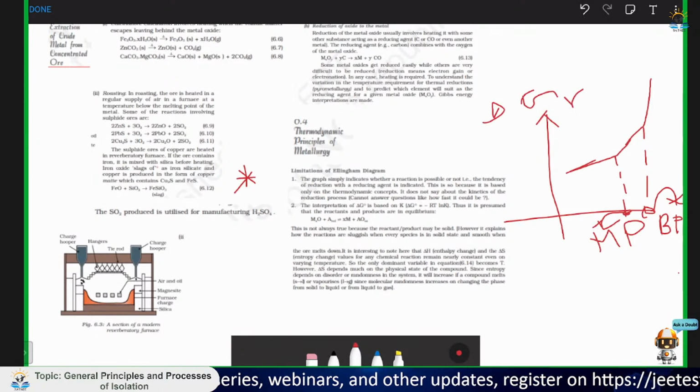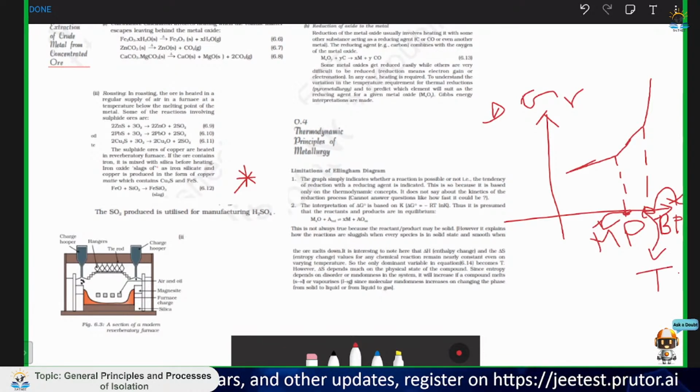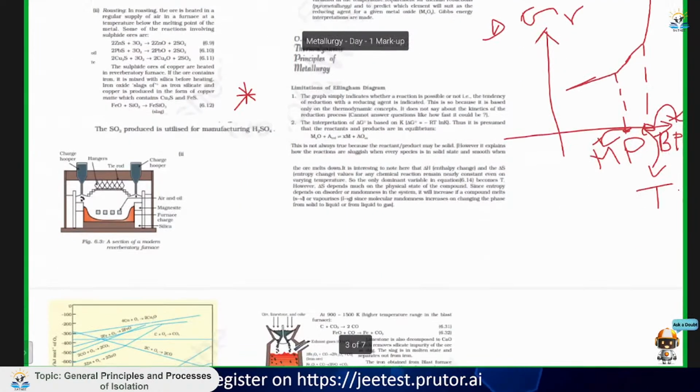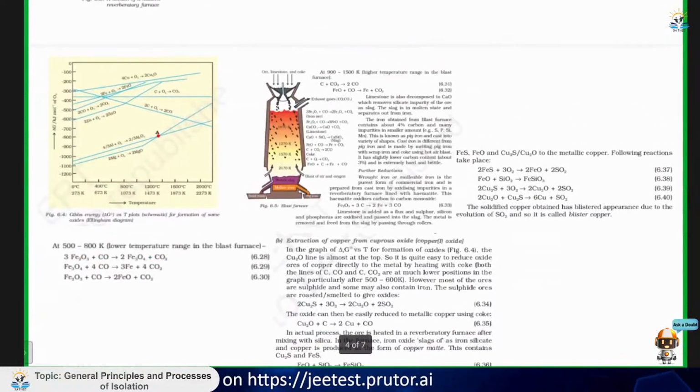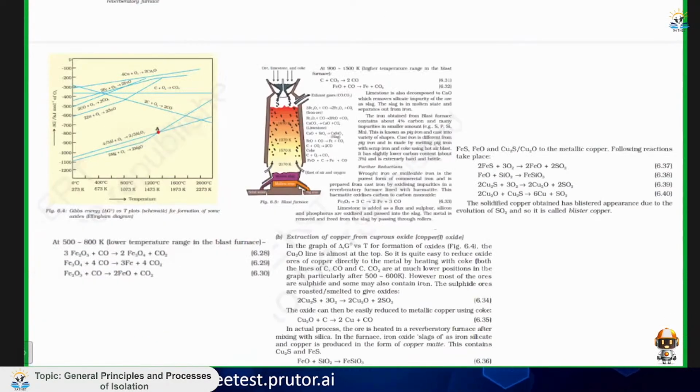Delta G of reaction. This is temperature. So because of the delta S change, there are going to be sharp curves. Okay, here it looks like that in the case of MgO. You can see that Mg plus O2 gives MgO and Zn plus O2 gives ZnO.